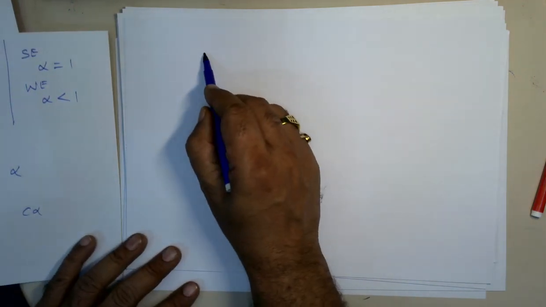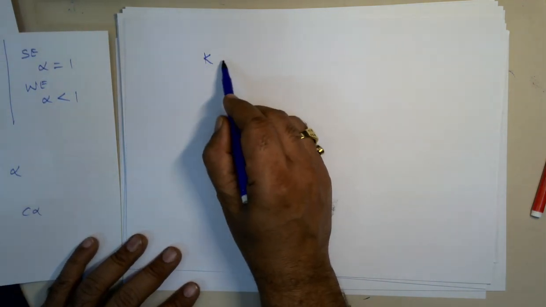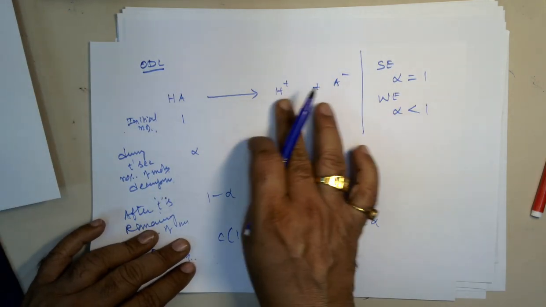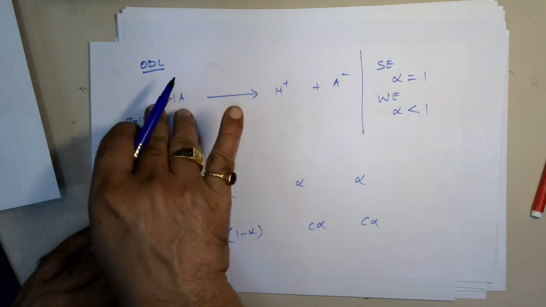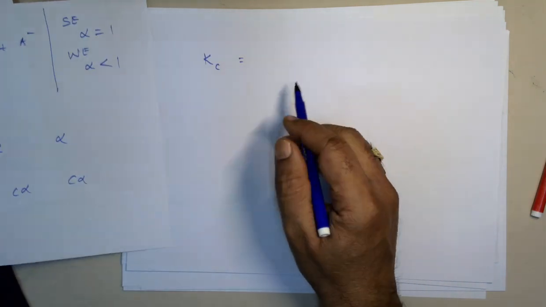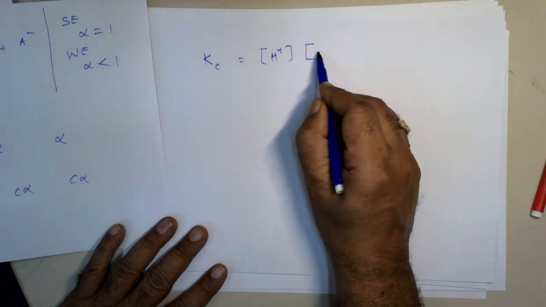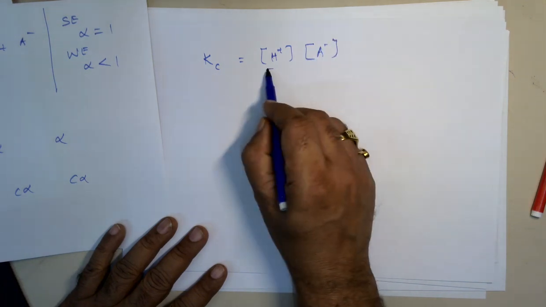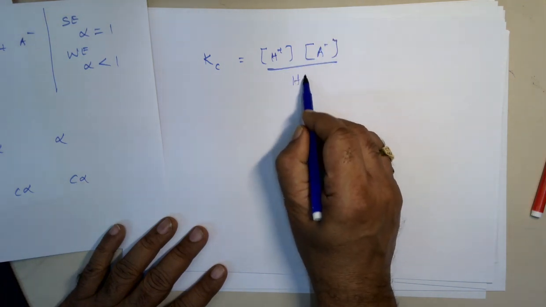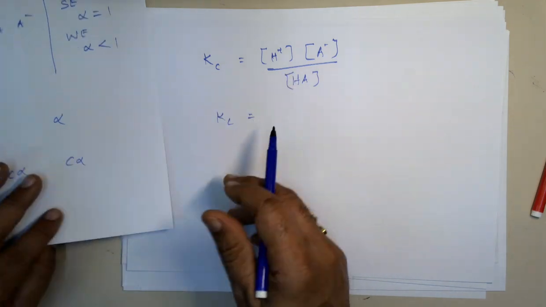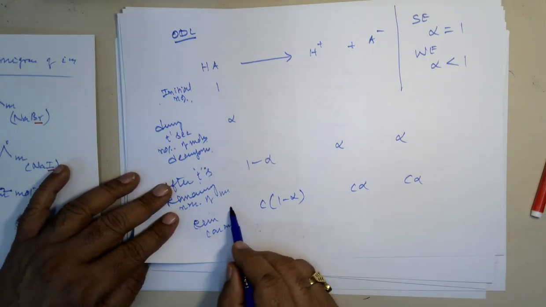Now, according to the equilibrium constant, Kc is the product of the concentration of the products divided by the concentration of the reactant. So Kc is H plus concentration into A minus concentration divided by HA concentration.